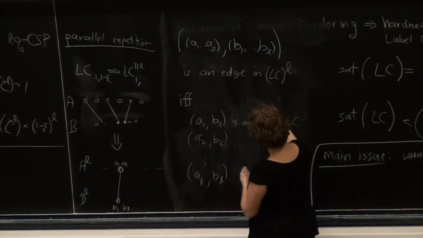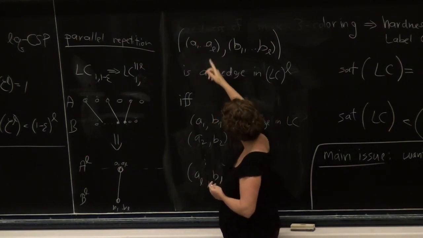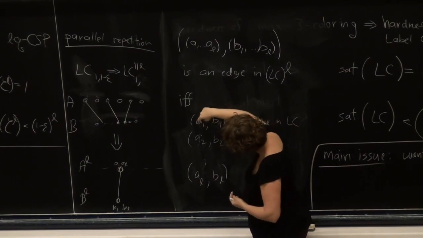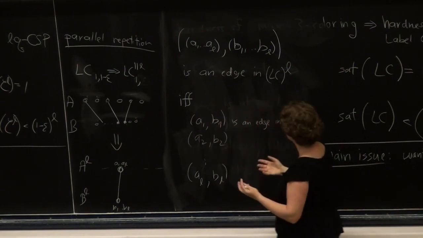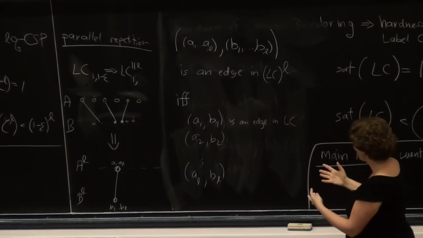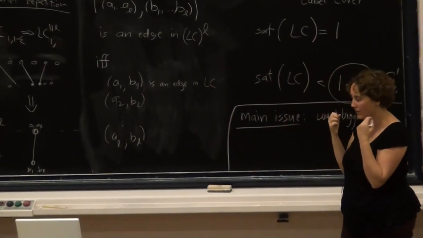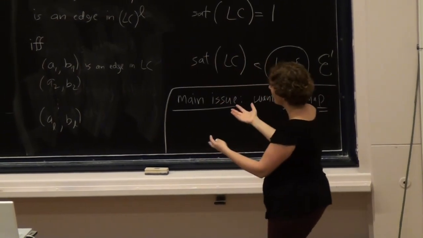So if I have an L tuple of labels for this vertex, I look at it coordinate-wise, and check that this part of the label is consistent with this part, and so on. When Ran describes it as a game with two provers, it's more intuitive to think of it that way. And this is the combinatorial translation.